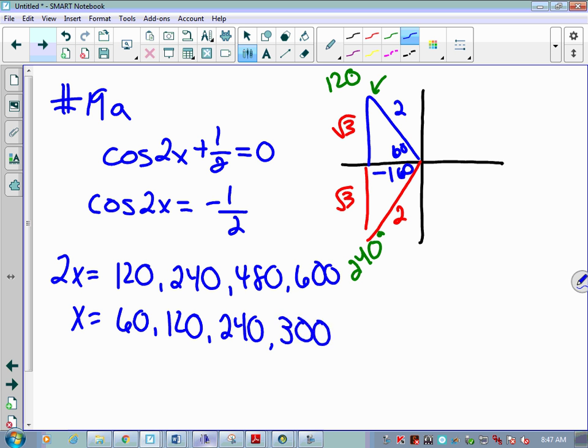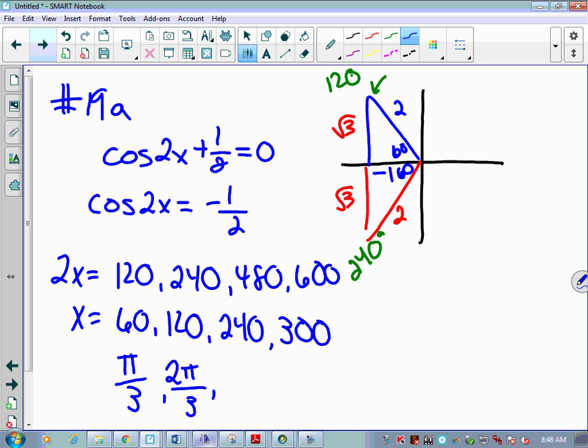All right, now the last thing that we need to do, and I probably would have given you half credit on that, because if you'll notice, it does want it in radians. So we're going to take 60 divided by 180 and get the fraction. Can you do that for me? Actually, I might be able to. You should get like 1/3. Yeah. All right, so we should get pi over 3. For 120, we're going to get 2 pi over 3.